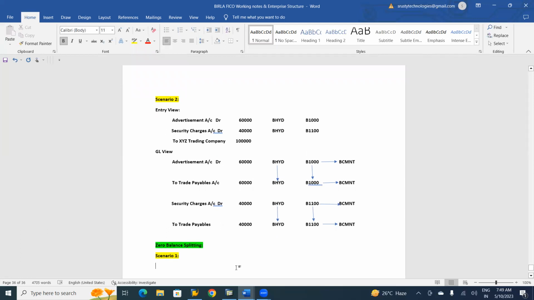So this is scenario 1, entry view. Wages account debited 50,000.